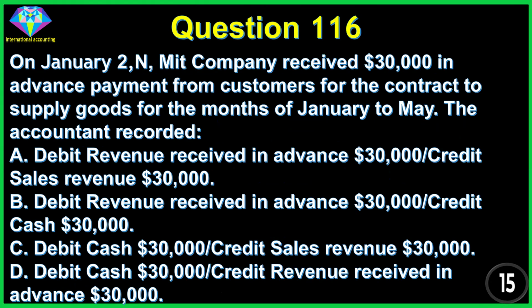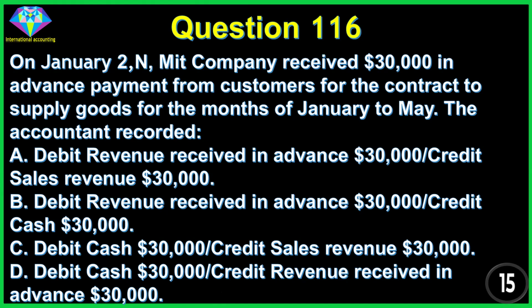On January 2, N, MIT Company received $30,000 in advance payment from customers for the contract to supply goods for the months of January to May. The accountant recorded A. Debit revenue received in advance $30,000 per credit sales revenue $30,000. B. Debit revenue received in advance $30,000 per credit cash $30,000. C. Debit cash $30,000 per credit sales revenue $30,000.